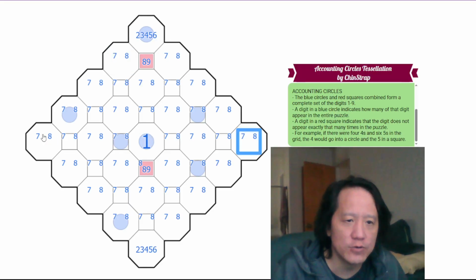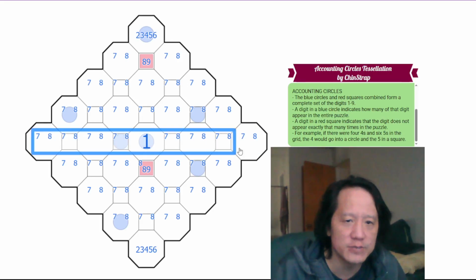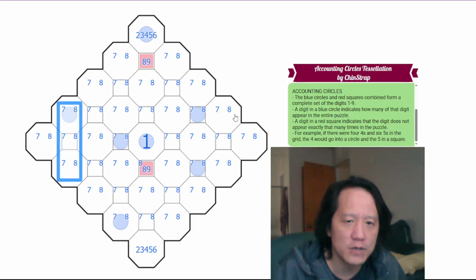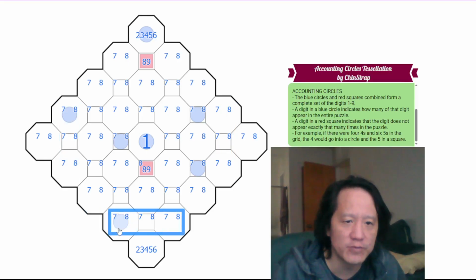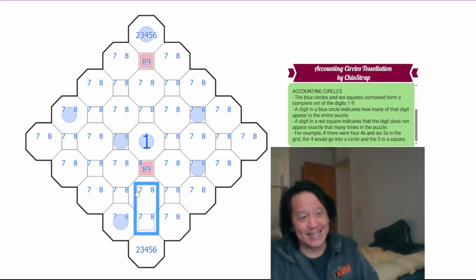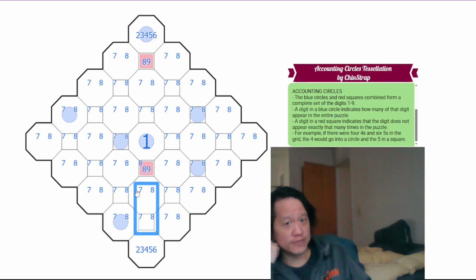We don't know about row 5. We don't know where the 7 has to be there. Okay, so that's how we've solved that. So 7 has to be one of these. So we have 6 9s, interestingly enough, right?